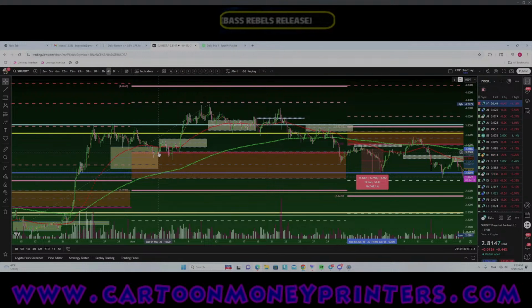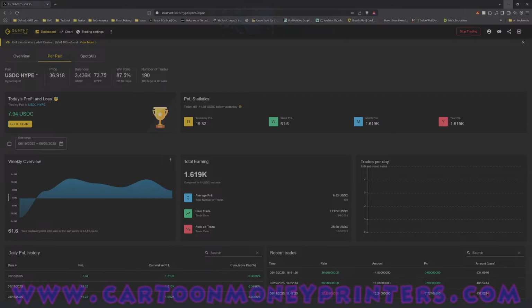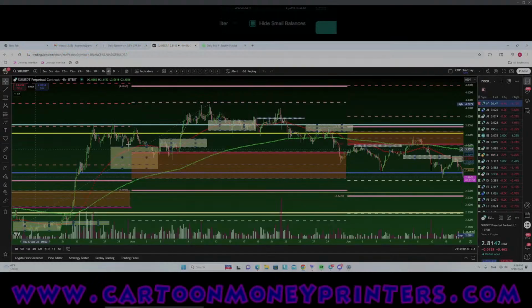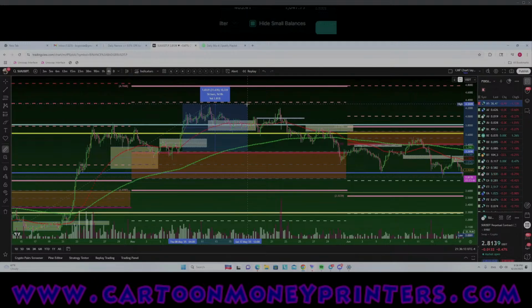And again, you have a move off of the top of the monthly pivot. And there's another pivot here. All right, so let's see what that... Let's get the measure tool here. All right, it's not bad actually. 31% move in a few days.